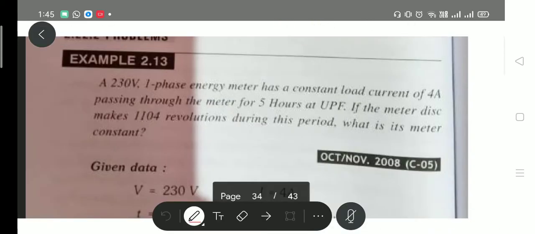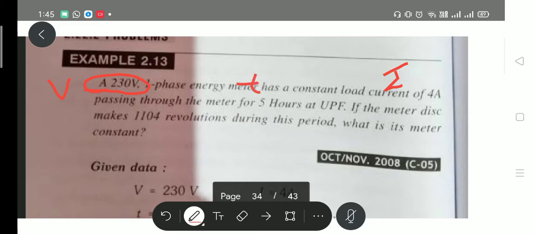Here, a 230 volt single phase energy meter has a constant load current of 4 amps passing through the meter for 5 hours at UPF. If the meter disk makes 1104 revolutions during this period, what is the meter constant? Voltage 230 volts is given and current is 4 amps.